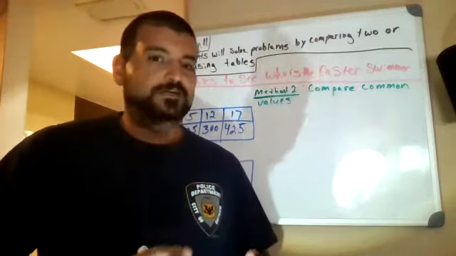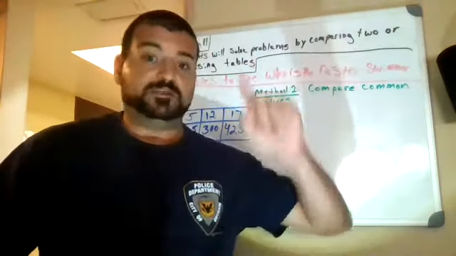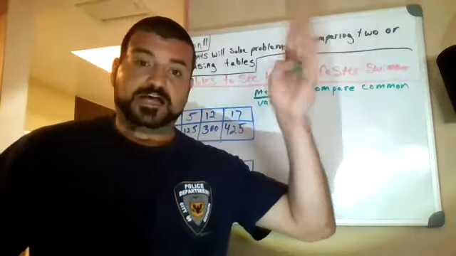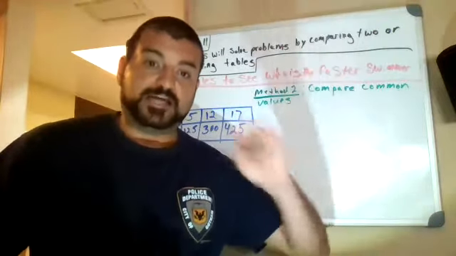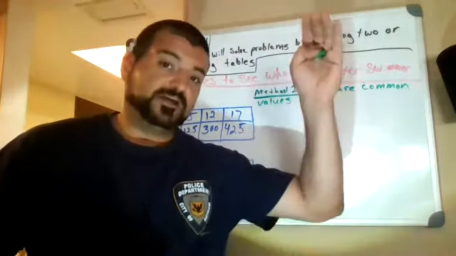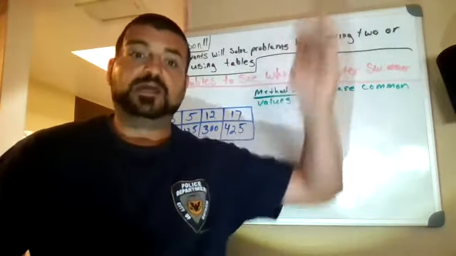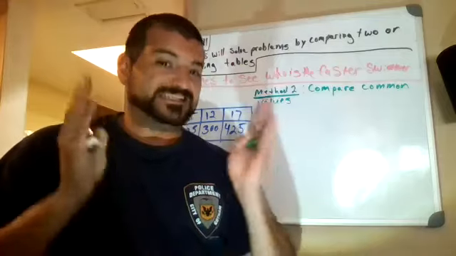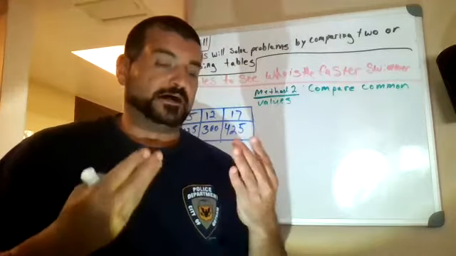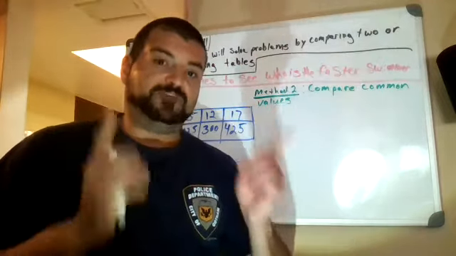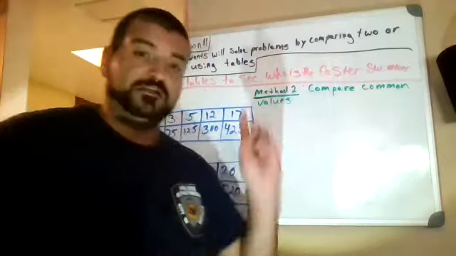And you can't go, oh, well, let's go minutes here, meters there. No. If you're going to compare time, it has to be time here and time there. If you're going to compare meters here, you got to compare meters down here. Distance, distance, time, time. You have to compare the similar items, and you got to find a common value.